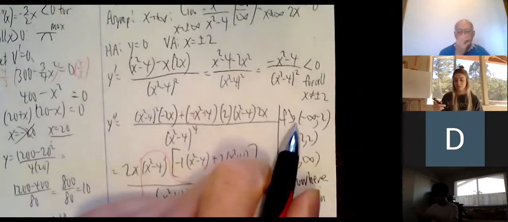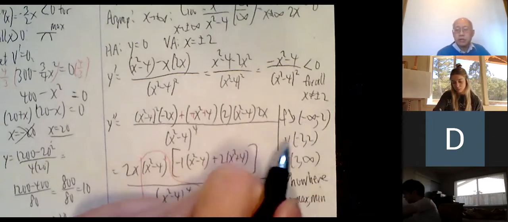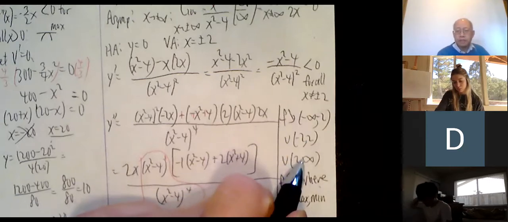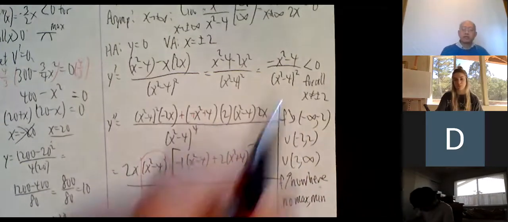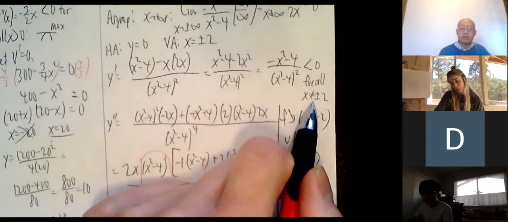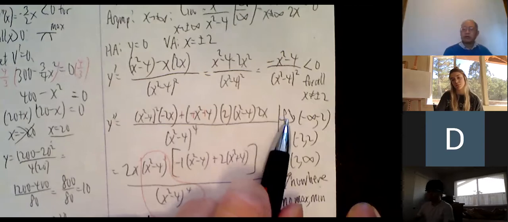So f is decreasing from negative infinity to -2, union -2 to 2, union 2 to infinity. Another way of saying this is it's always decreasing except at -2 and +2, because right at -2 and +2, the function's not even defined. Otherwise, the graph is always decreasing.